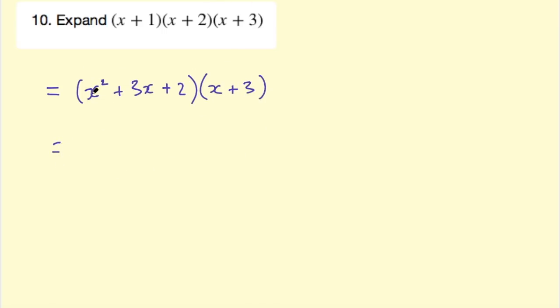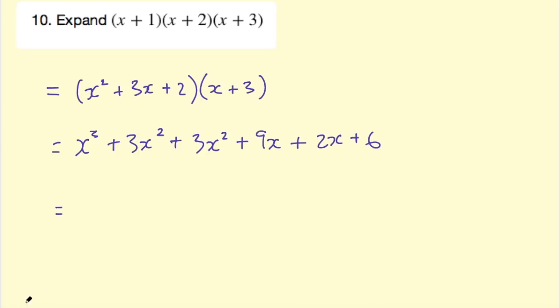Then we just need to multiply everything in here by everything in those brackets, so x cubed plus 3x squared plus 3x squared plus 9x plus 2x plus 6, and then simplify. So we've got an x cubed and 6x squared and 11x and 6, and that's our answer. So a good few simple marks there, I think, but quite a nice, neat question.